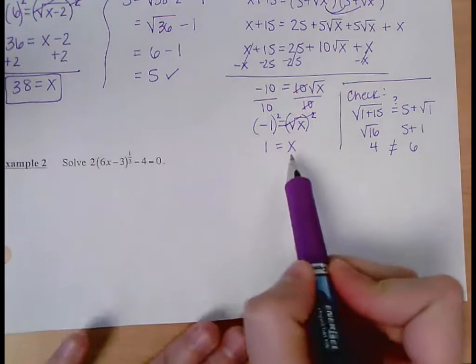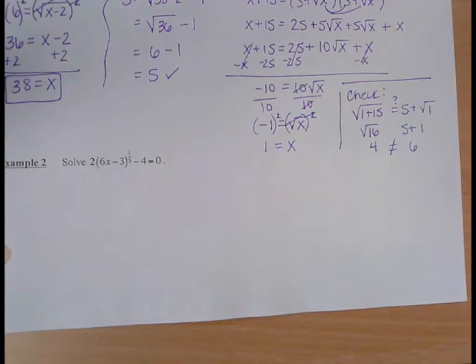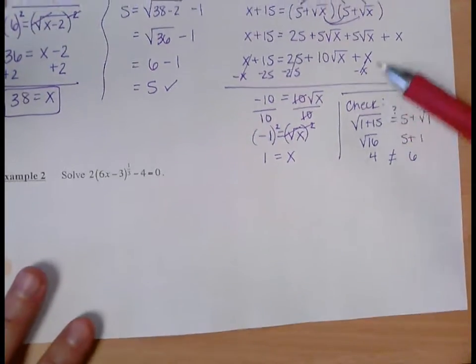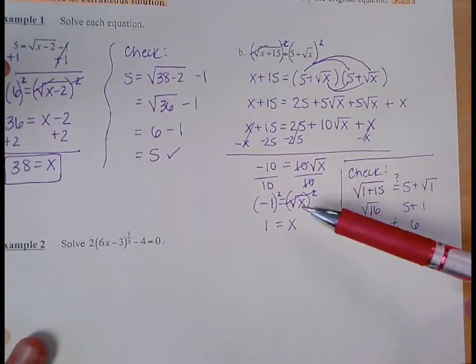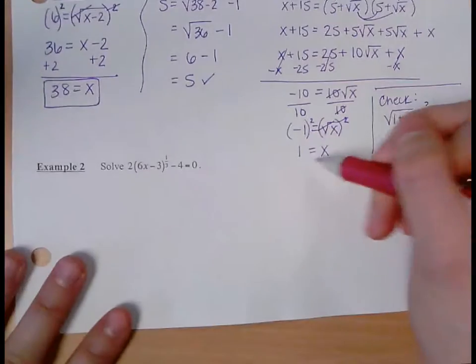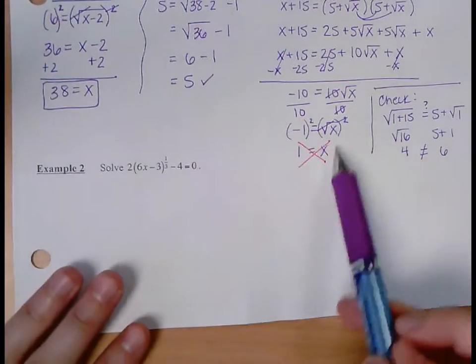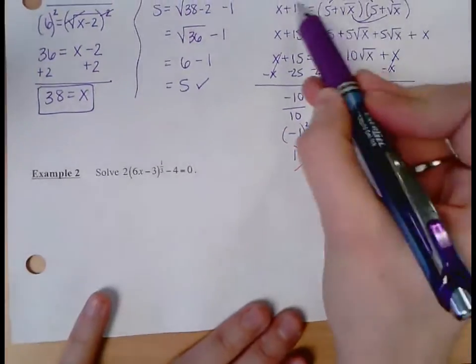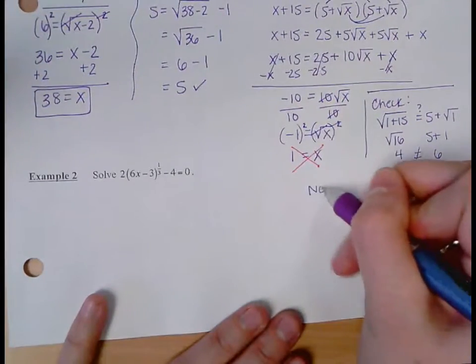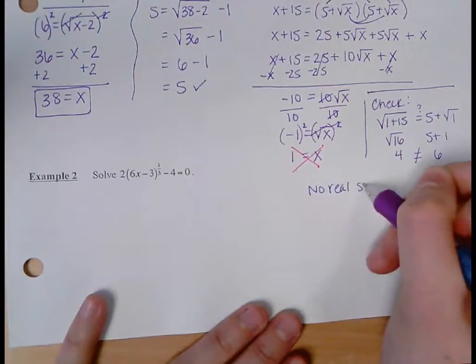So therefore, x equals 1 is an extraneous solution, meaning it works in the equation I got after I squared both sides, but it doesn't work in the original. So this is not actually a solution, and since that was the only one I found, my original equation has no real solutions.